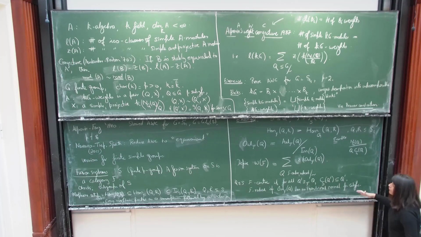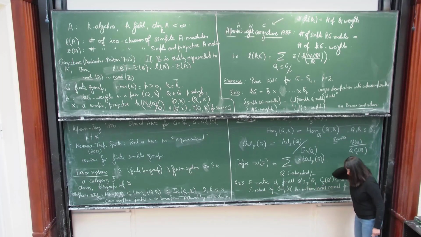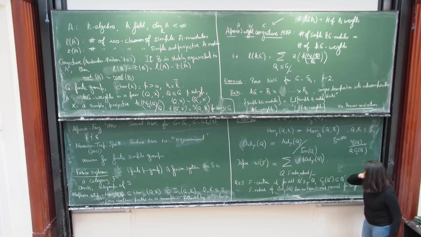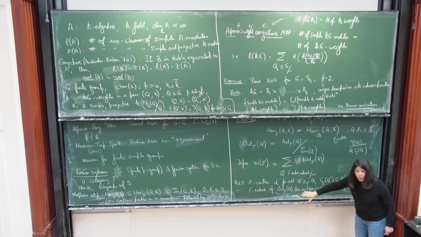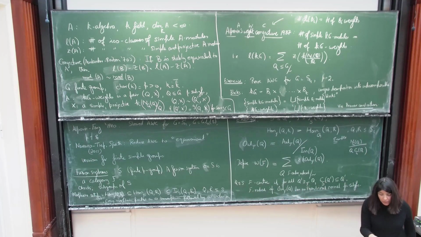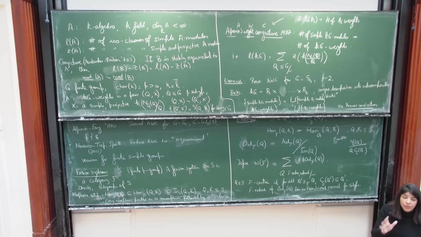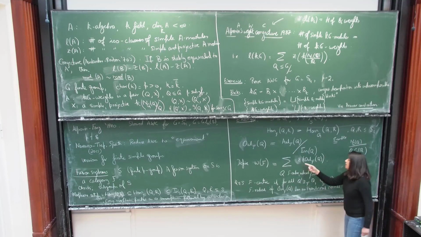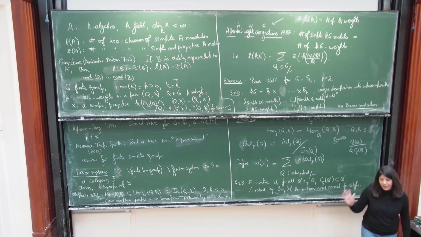Okay, it's a general fact. Basic fact that if you want a group algebra to have a simple projective module, it better not have any non-trivial normal p-subgroups. So when you're counting simple projectives, you have to be in this radical situation.